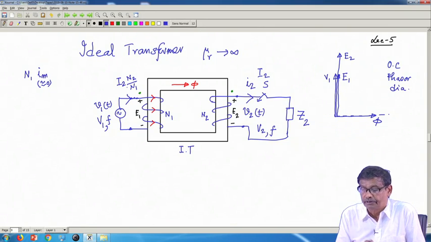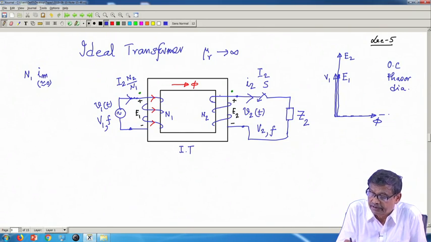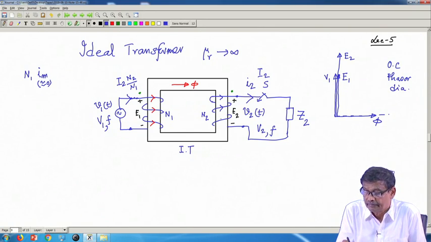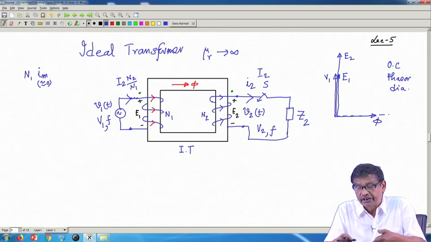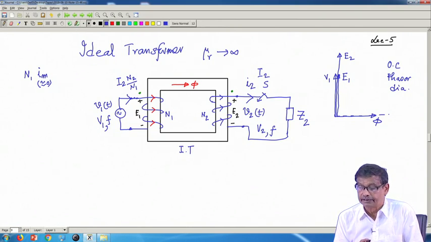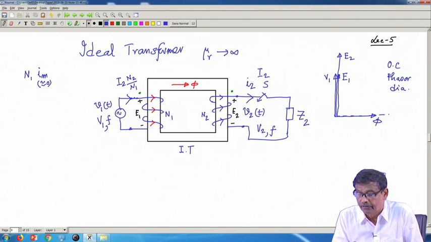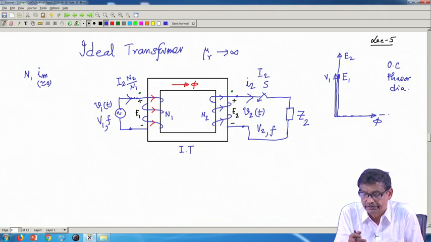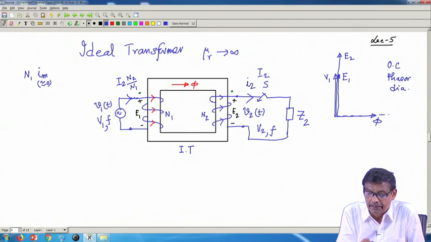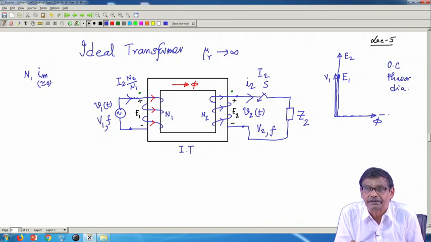This current it will draw, and the directions of the currents are like this. Therefore, two extra MMFs come into play in this magnetic circuit. What is the MMF of this coil? N2 I2, in which direction? Anticlockwise. And what is the MMF produced by this coil? It is also N2 I2, but in this direction.